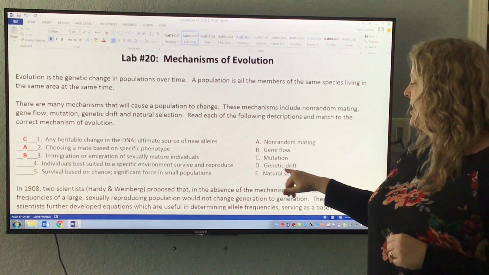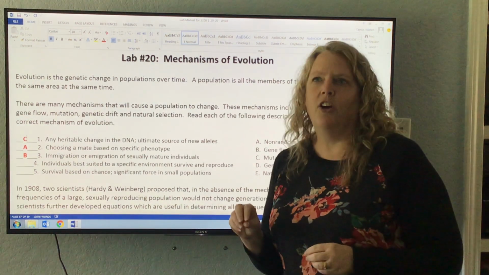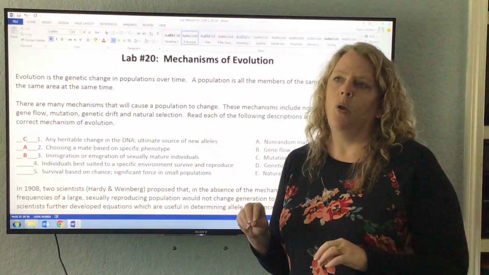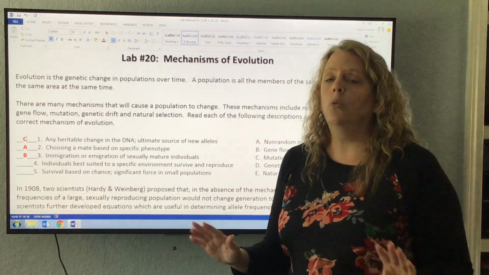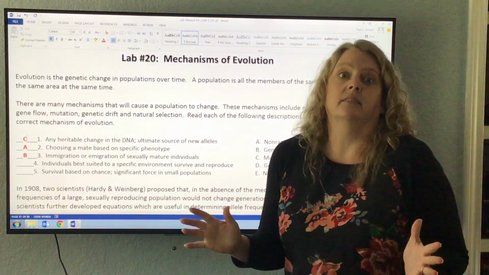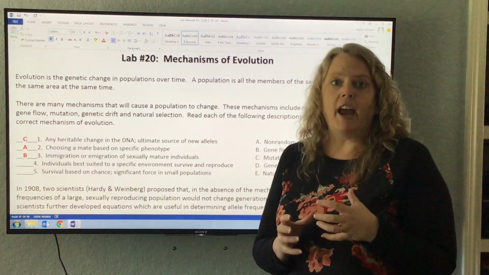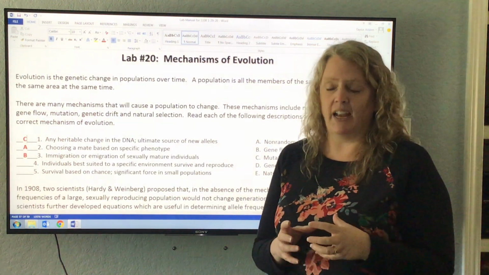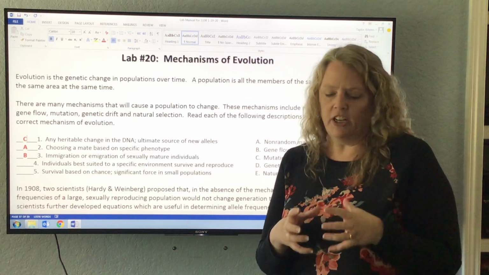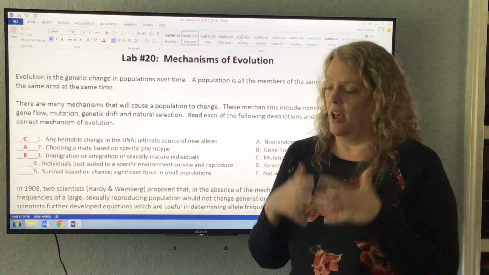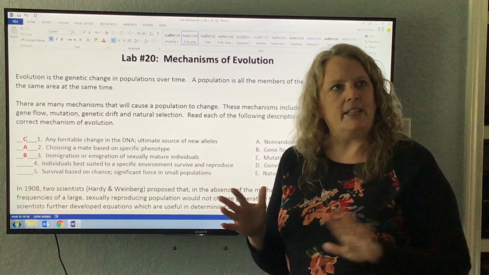Okay, the next one is genetic drift. Genetic drift is where evolution happened, or a genetic change in a population, totally by chance. It just happened to work out that way. Prior to the genetic drift event, all the deer were light brown. And then something happened, well no, let me rephrase that.